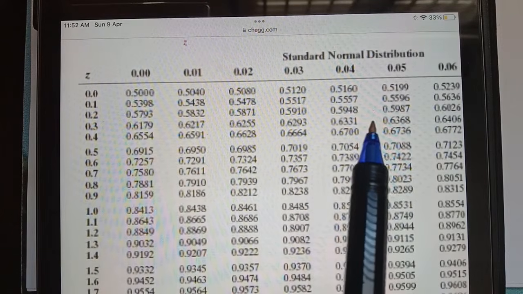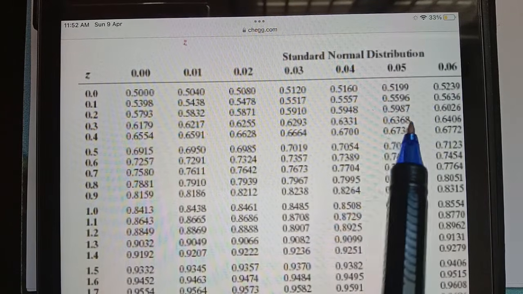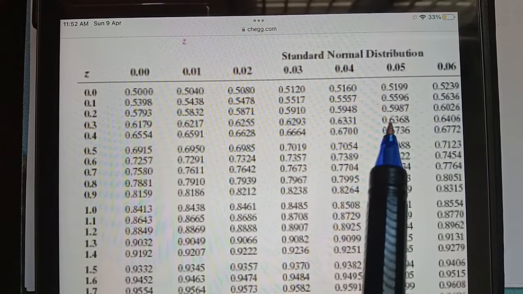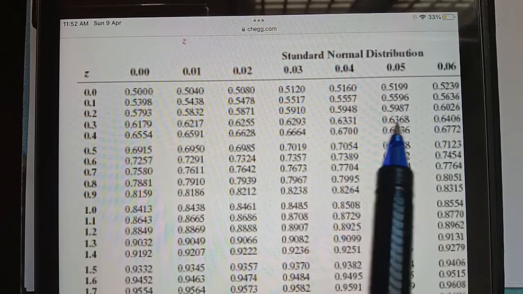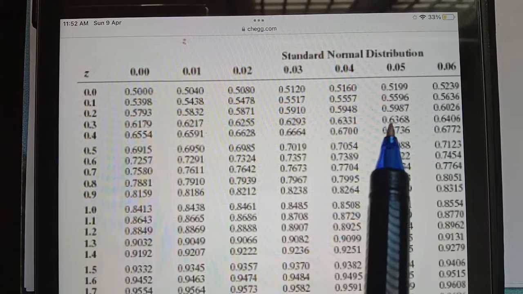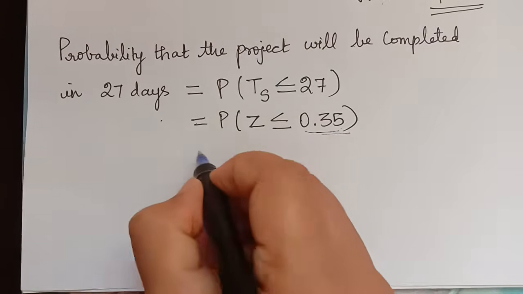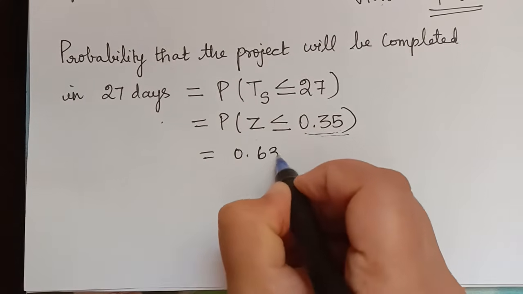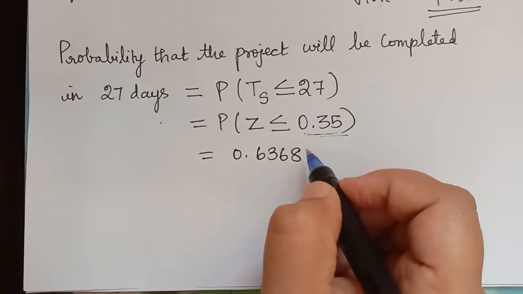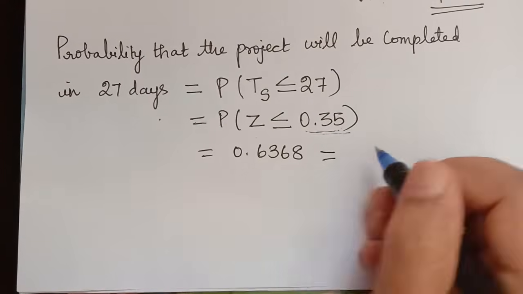Under 0.05 we have here 0.6368. So this is the solution. So we have 0.6368.